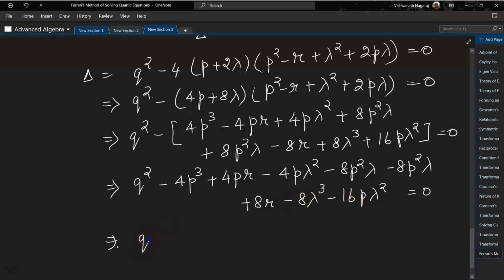q square remains as it is. Do we have p cube only? No, we don't have p cube. So let's say 4p cube. Okay. Do we have pr? pr is not that. So 4pr minus 4p lambda square, 16p lambda square.